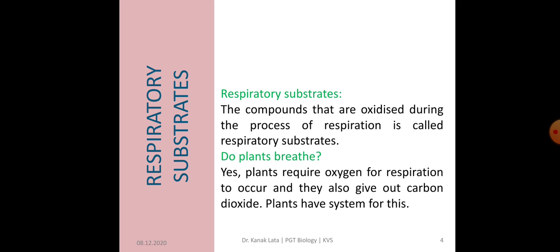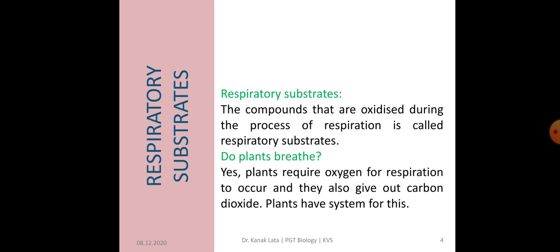Now we will discuss respiratory substrates. As we know, plants also require energy like animals for their growth, development, metabolism and other activities. And this energy mainly comes from breakdown of various respiratory substrates.